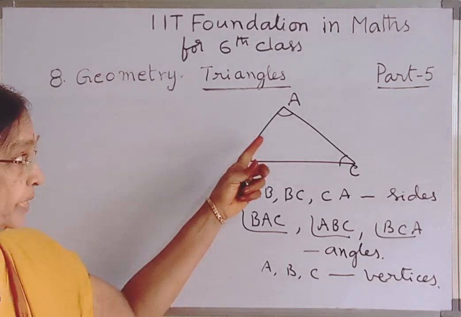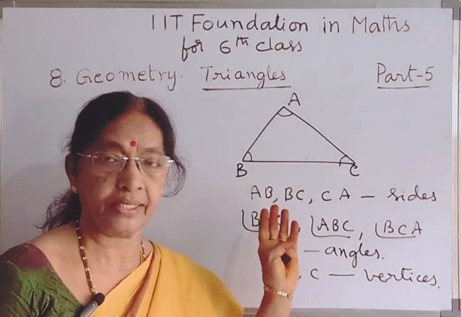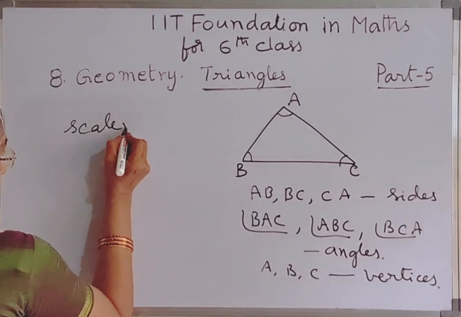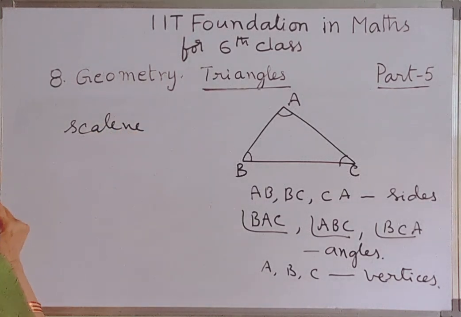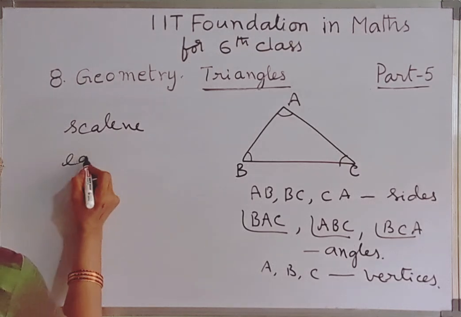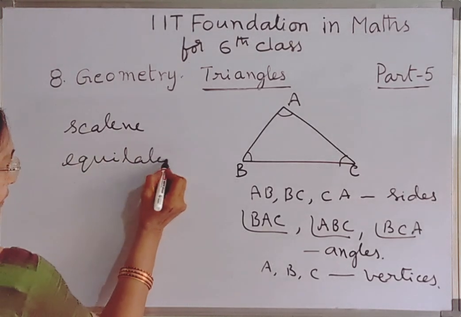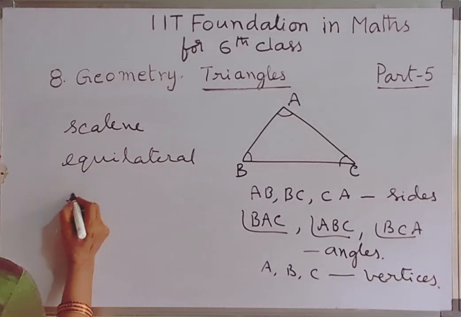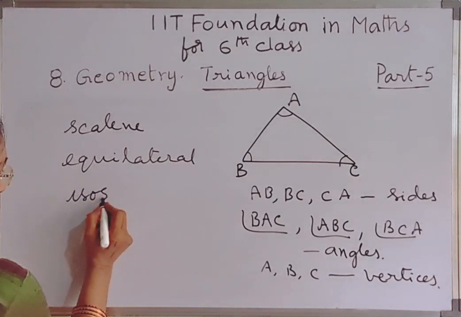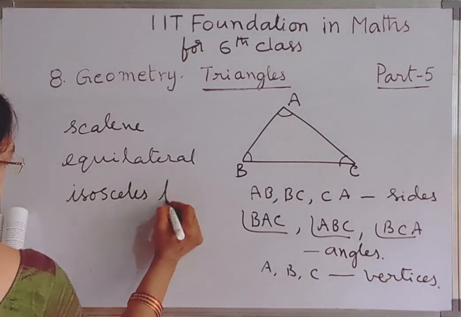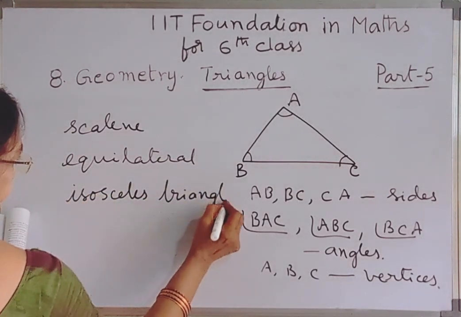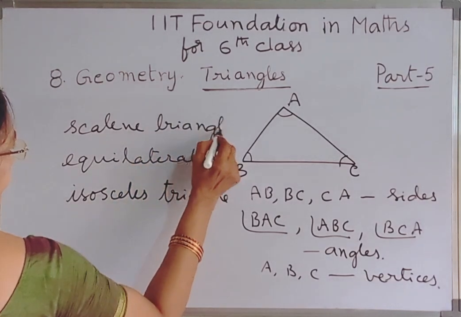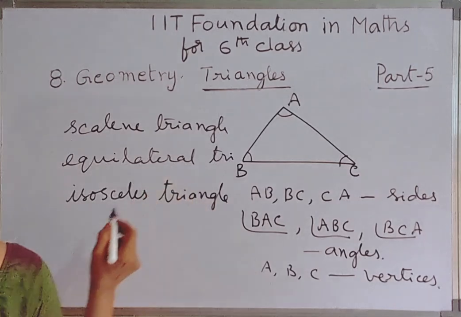Depending upon the measurements of the sides of a triangle, they are classified as scalene triangle, equilateral triangle, and isosceles triangle.